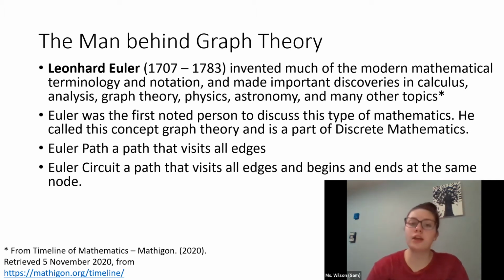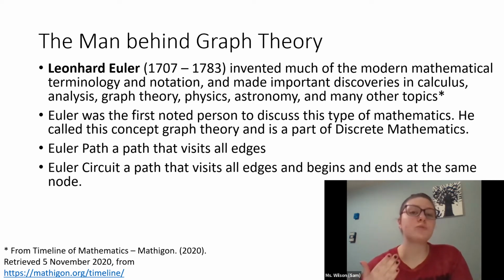A Euler circuit is a path that visits all of the edges and begins and ends in the same place. For example, in a Euler circuit, if you were to start at a node labeled A, you would visit all of the edges in that graph and return to node A without doubling over any of those edges.